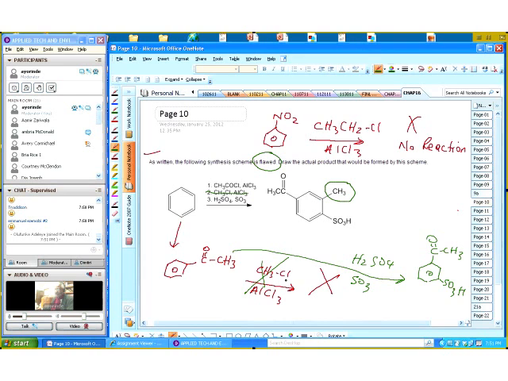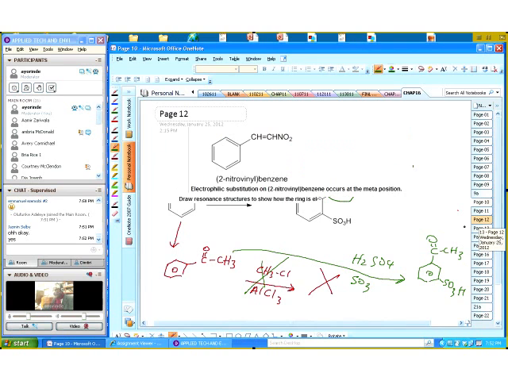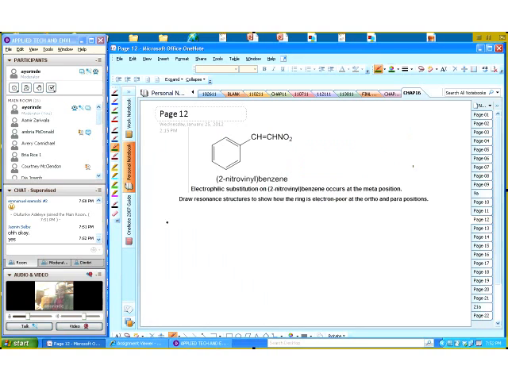But because the Friedel-Crafts alkylation will not happen in the second step, we do not expect to get any meta product in this molecule. Do you follow that? Okay, very good. So therefore we go back to this.